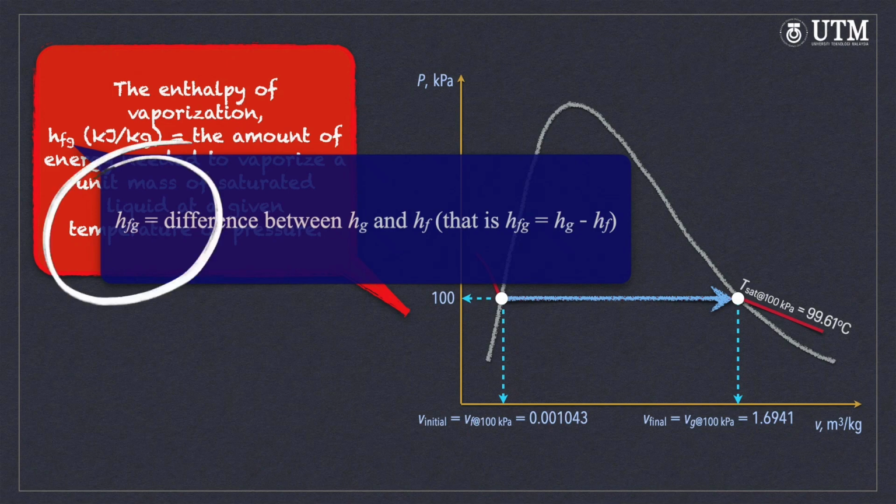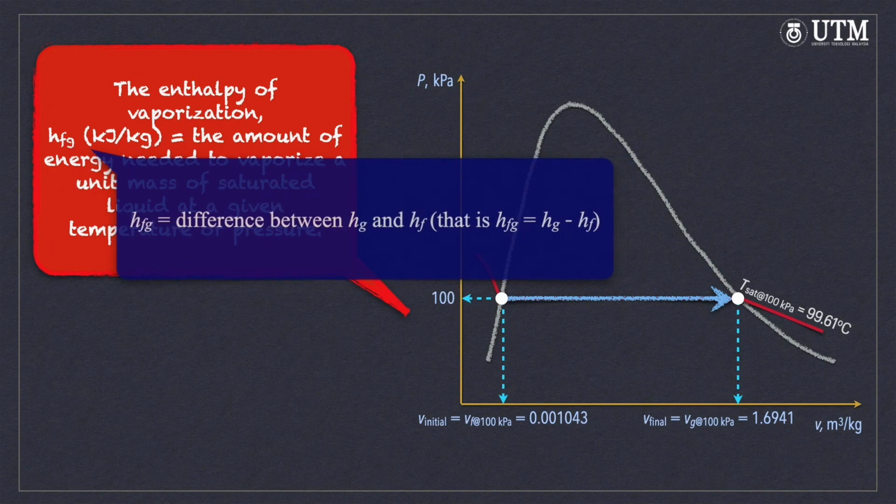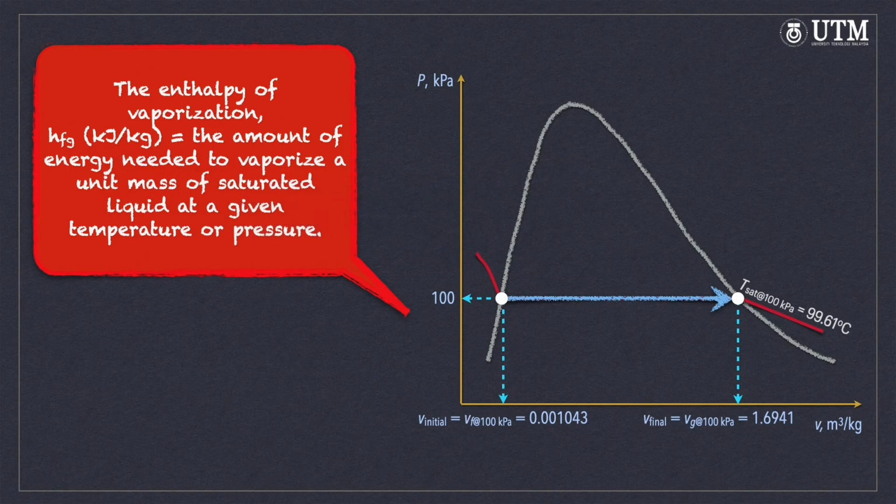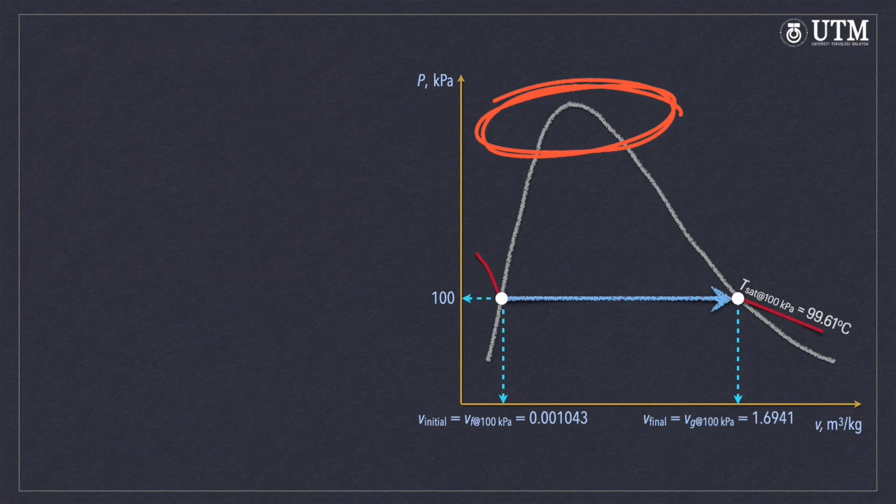It is defined as energy needed to vaporize a unit mass of saturated liquid at a given temperature or pressure. It decreases as the temperature or pressure increases and becomes zero at the critical point. It can be determined through appropriate properties table.